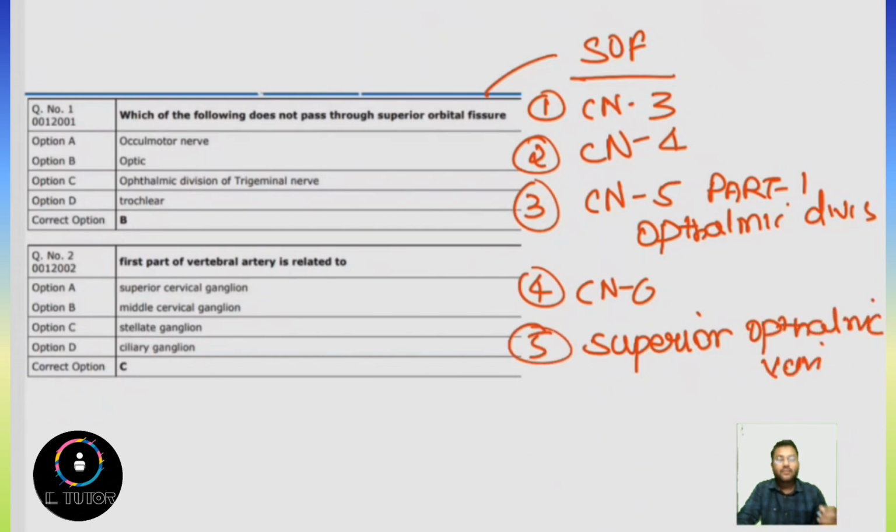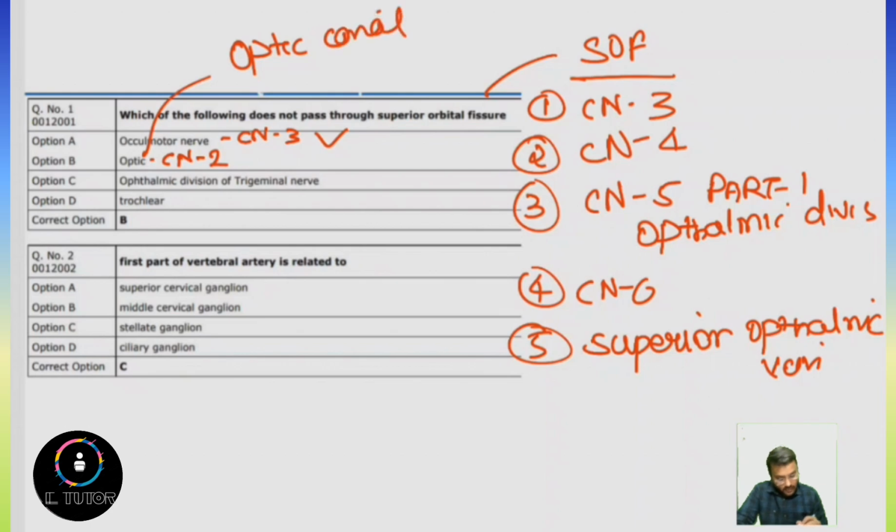So oculomotor nerve, cranial nerve 3, this is true. Optic nerve, cranial nerve 2, passes through the optic canal. Ophthalmic division of trigeminal nerve, this is true. And trochlear nerve also passes through the superior orbital fissure. So the answer here will be optic nerve, option number B. It passes through the optic canal, not the superior orbital fissure.